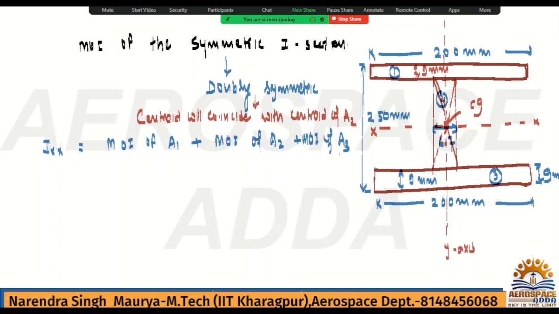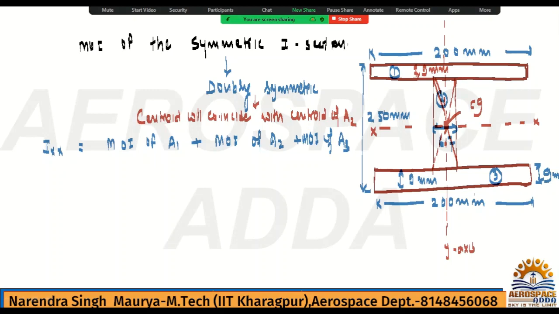Now if you want to write the CG for box 1, box 2 and box 3 with respect to the centroid, because I need to use the parallel axis theorem, for that you will write the CG location of box A, box B and box C, or box 1, 2 and 3. So how to write the centroid for this?